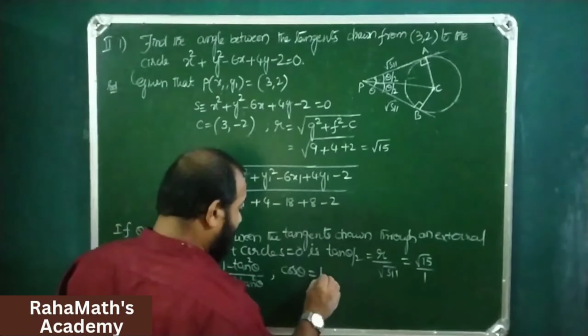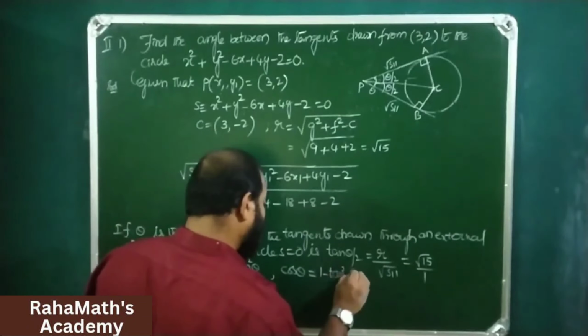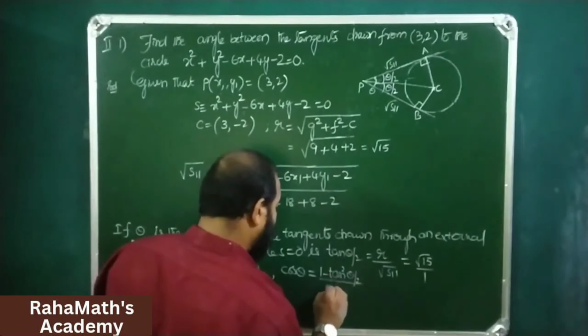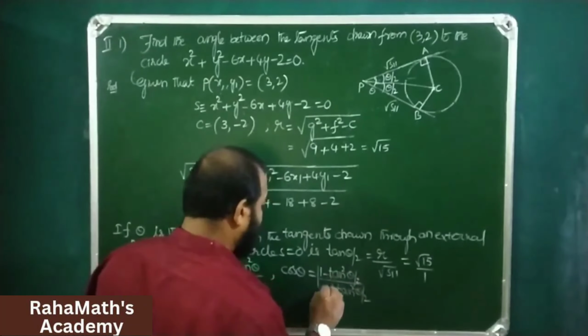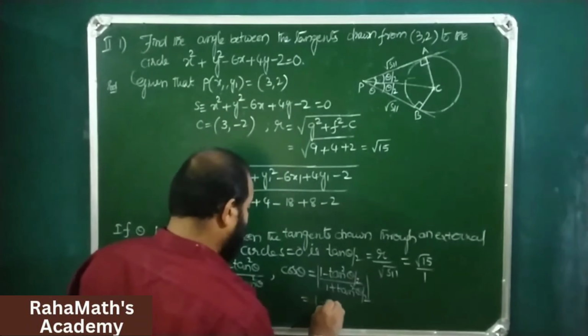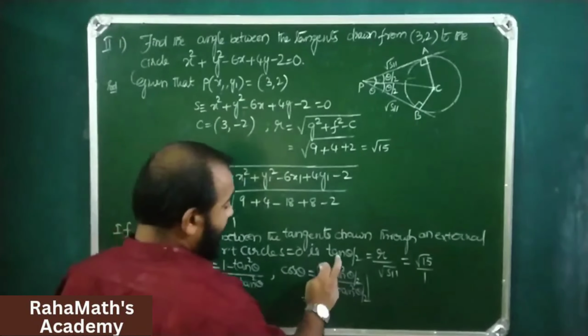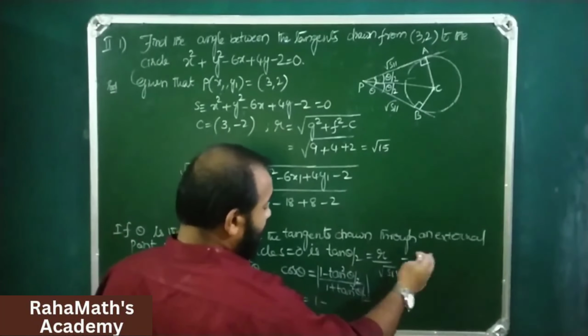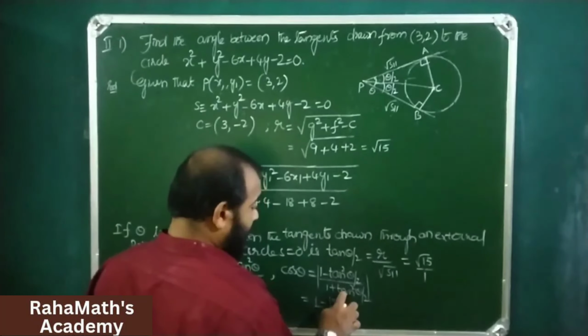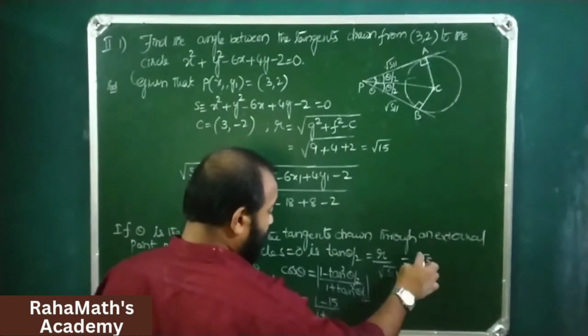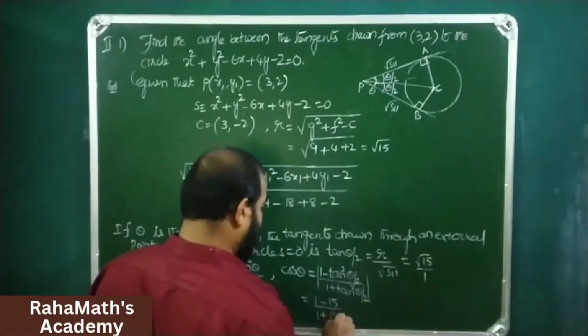So cos theta is 1 minus tan square theta by 2 by 1 plus tan square theta by 2, modulus. So this is equal to 1 minus tan square theta by 2, where tan theta by 2 is root 15. So tan square theta by 2 is 15, over 1 plus 15.